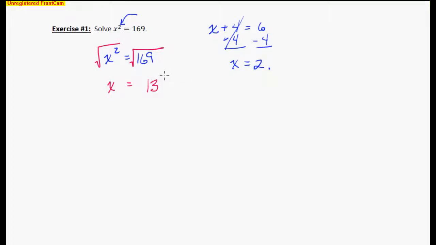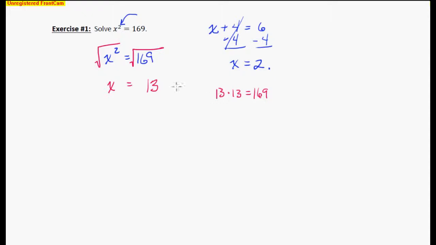Now, one little wrinkle here. When you square root a number and you're working with equations, you want to consider every possible solution to this equation. So you could have a positive 13, because 13 times 13 equals 169.